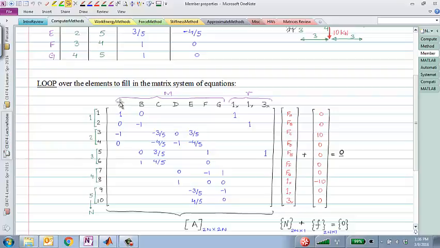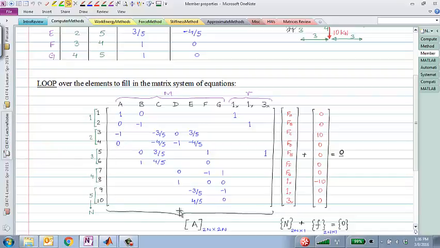And as you said, one member is connected to exactly 2 nodes, which means that it will contribute to the equilibrium equations for those 2 nodes, both in the X and the Y direction. Sometimes one of those components is zero because the member may be oriented exactly in the x direction or in the y direction, which is okay. But it will contribute to exactly four places, two nodes, two equations for each node.